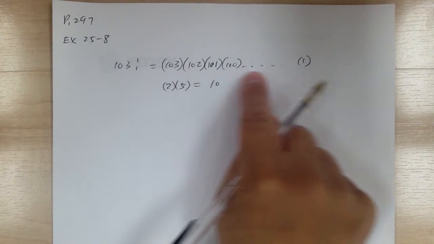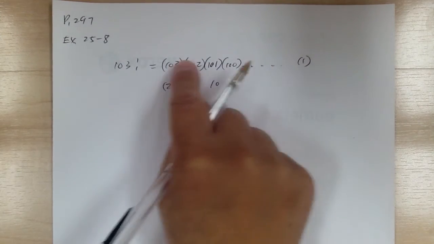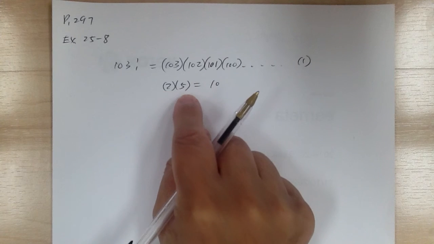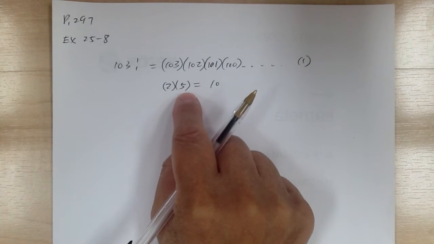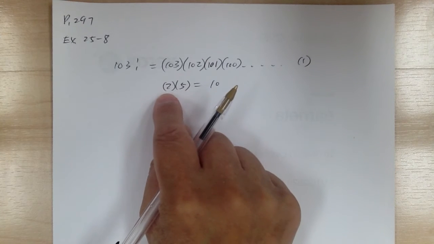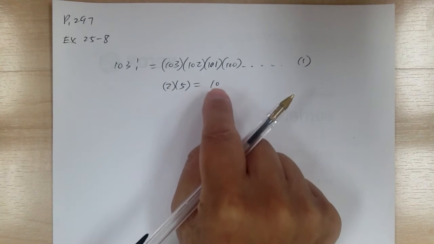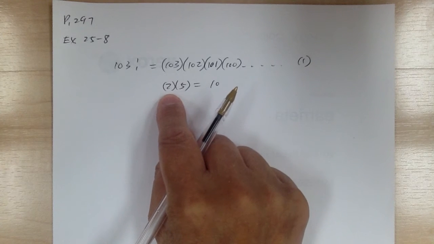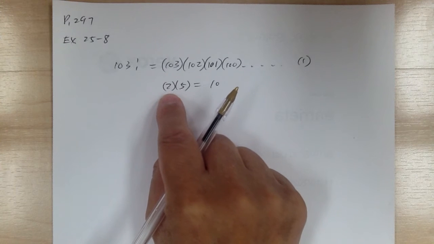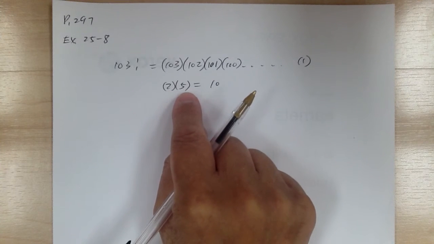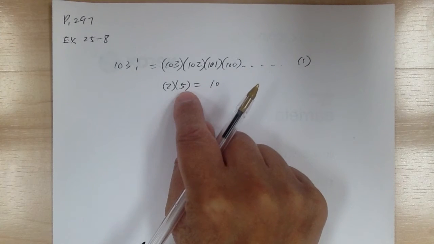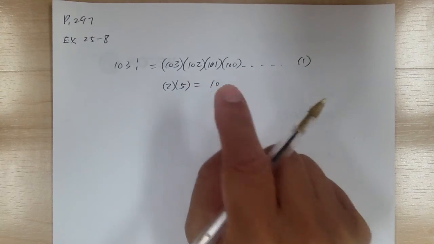But if you notice, there are a lot of 2s, more 2s than 5s, so we're going to focus on the 5s. Each 5 with a 2 will give you a 10, which gives a 0 at the end. Since there is an abundant number of 2s, all we have to do is figure out how many 5s are in here. When we figure out the number of 5s, we can figure out the number of zeros.